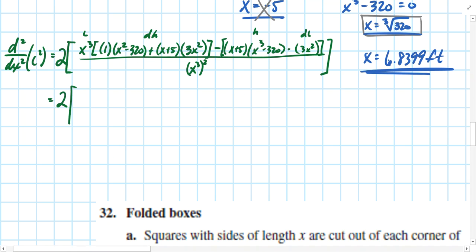So I'm going to call this 2 times, and I'm going to leave this x cubed alone for the time being, and in this interior I've got x squared minus 320 plus 3x cubed plus 15x squared.